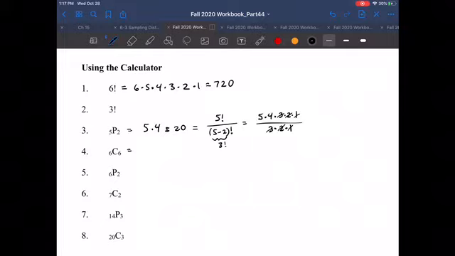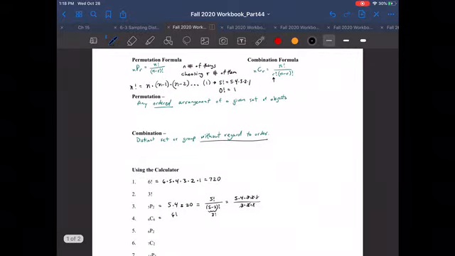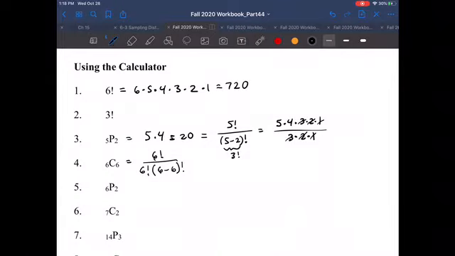So if we actually try this, according to the formula up here, n is 6, so we have 6 factorial over r factorial, 6 factorial, times 6 minus 6 factorial. So we have 6 factorial over 6 factorial, so those cancel. And then we have 6 minus 6 factorial, so we have a 1 over a 0 factorial, and 0 factorial is 1. So this is just going to equal 1.